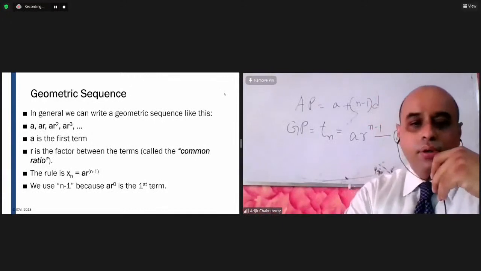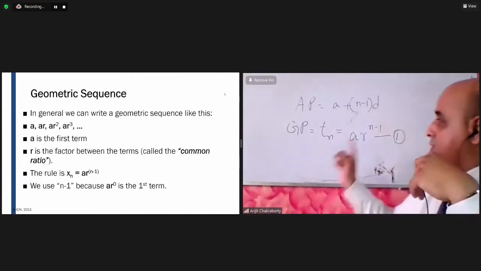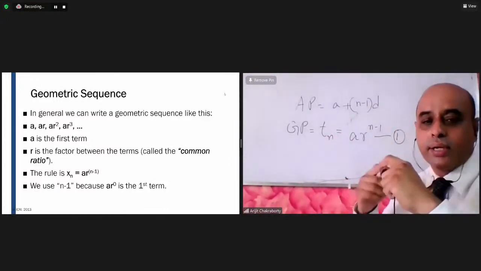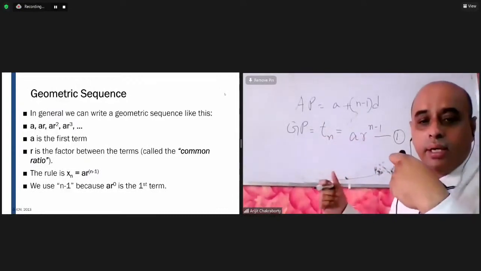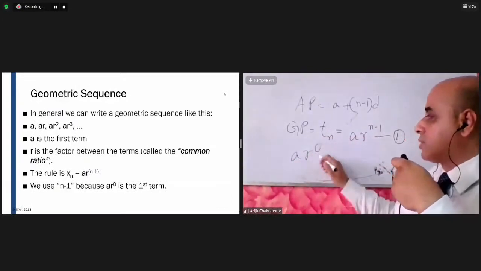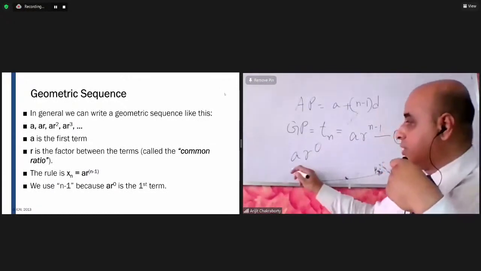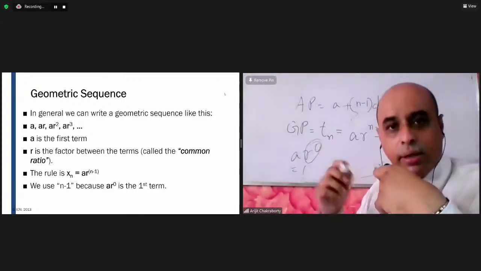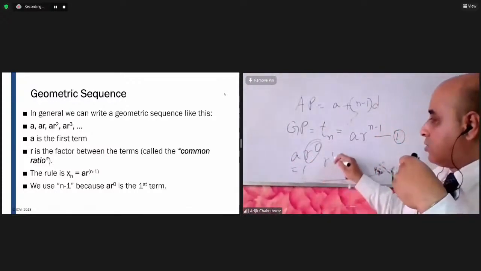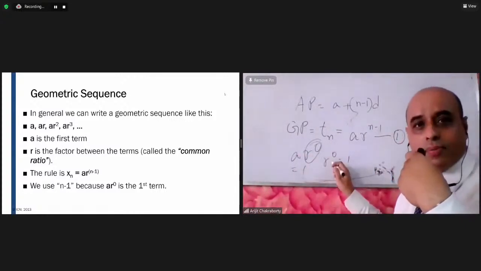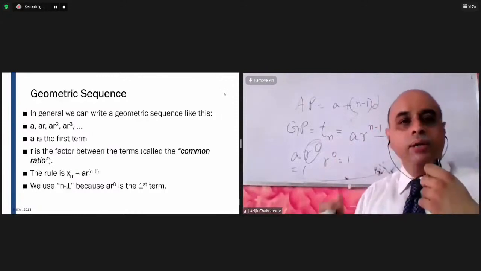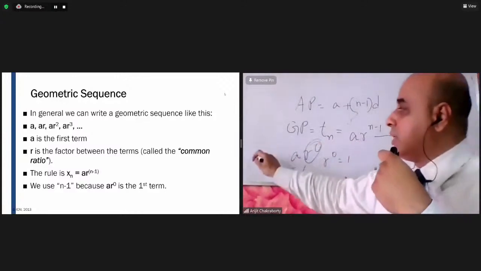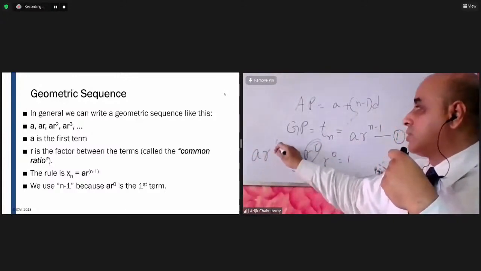And here, of course, n minus 1 signifies the nth term, because the first term we can write as AR to the power 0, because any number to the power 0 is equal to 1. So R to the power 0 is 1. Therefore, A into 1 is A. So the first term A can be written as AR to the power 0.